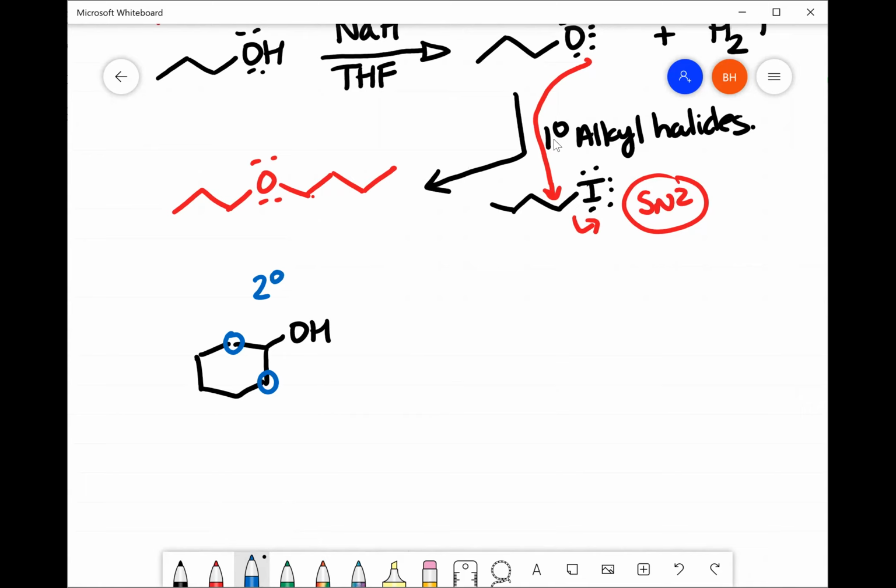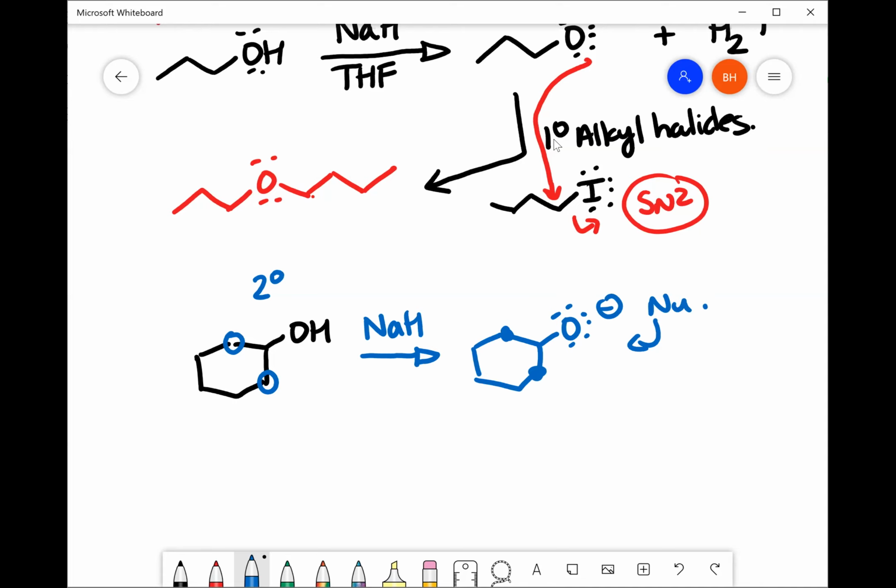And the moment you start adding alkyl groups to the part which is going to become a nucleophile, so remember, we want this to be a nucleophile, but now it's becoming more and more bulky.